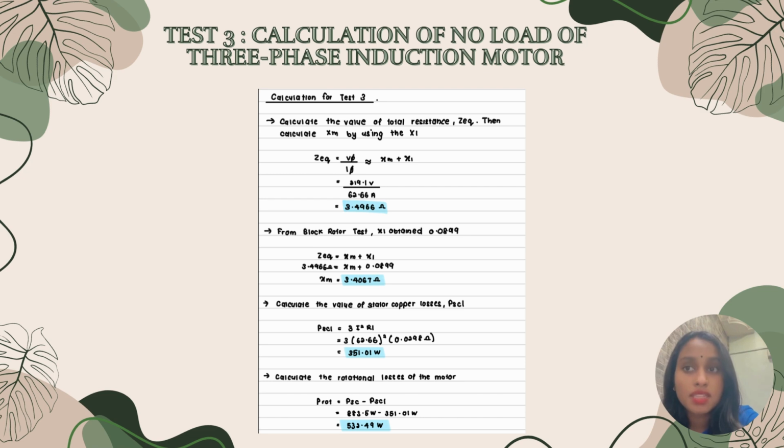So for the third, calculate the value of stator copper losses PSC1 with the formula of 3I square times R1 with the final answer of 351.01 watt. So for the last final step, calculate the rotational losses of the motor. PROT equals PSC minus PSC1, which is equal to 532.49 watt.